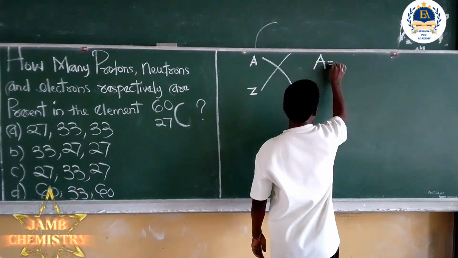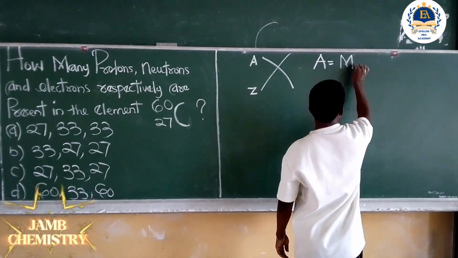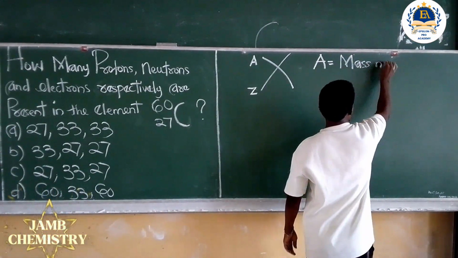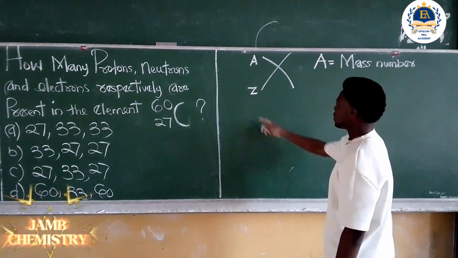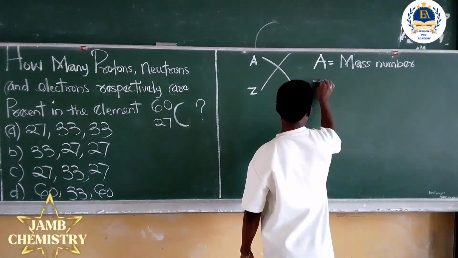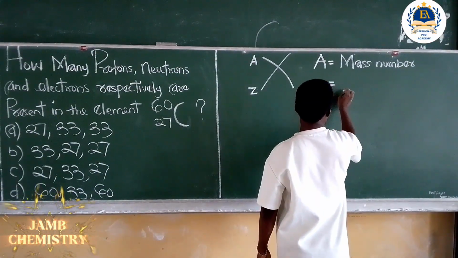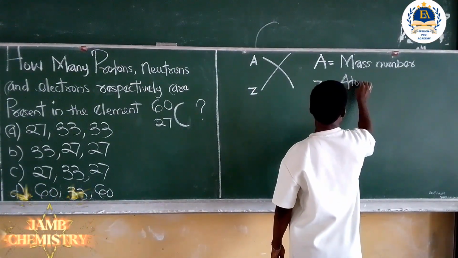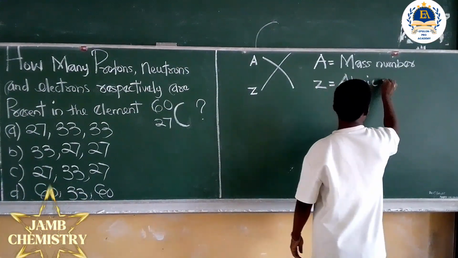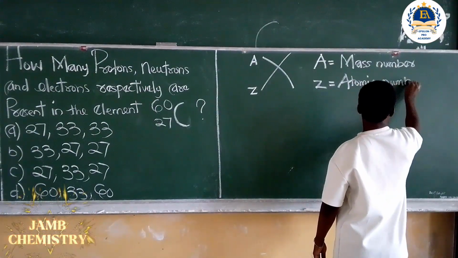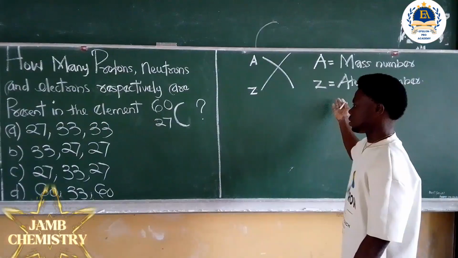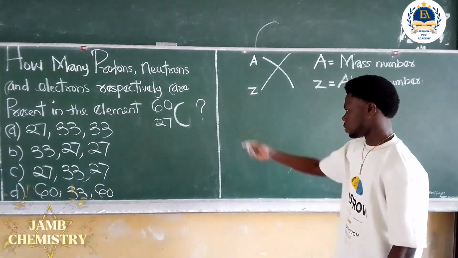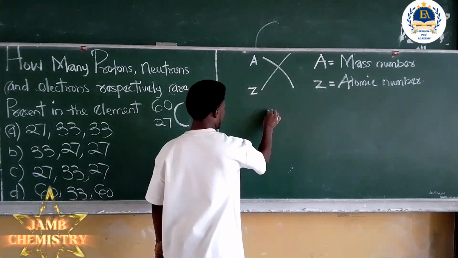A is equal to mass number, and Z is equal to the atomic number.